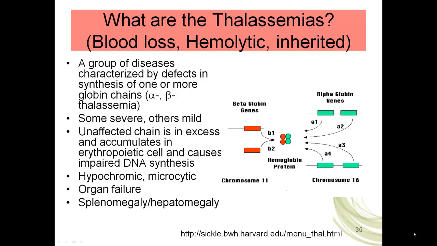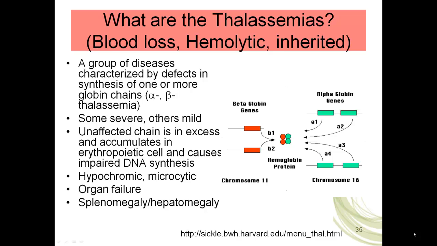So we see splenomegaly and hepatomegaly. Now, the reason why the unaffected chain is a problem, again, it only has itself to form a quaternary structure with. So it accumulates inside the red blood cell, and this is going to cause Heinz bodies, as they're called, where that unaffected chain kind of precipitates out of solution.